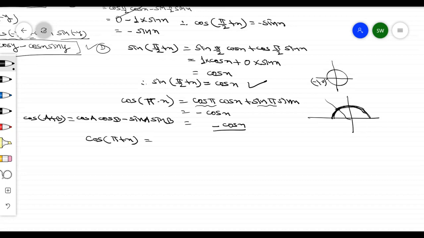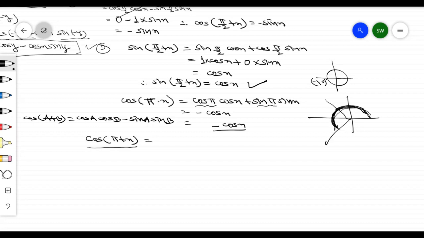I used there cos(x plus y) is cos x into cos y minus sin x into sin y, so instead of x and y, I am using here a and b. So find the value of cos(pi plus x). This is pi plus some angle you have to add here.